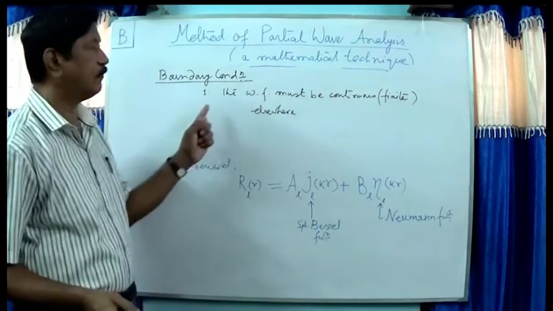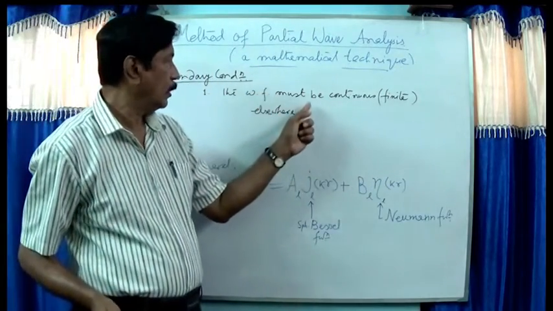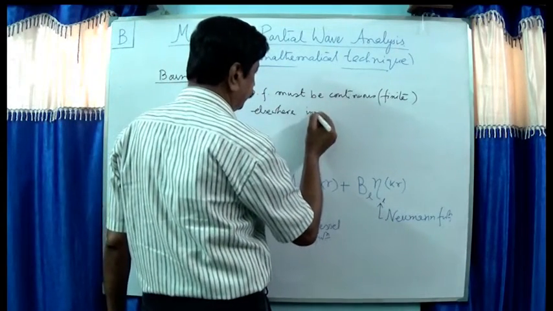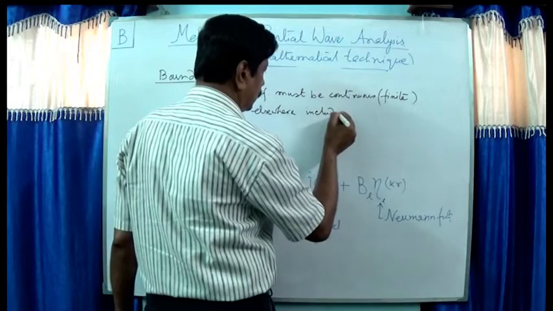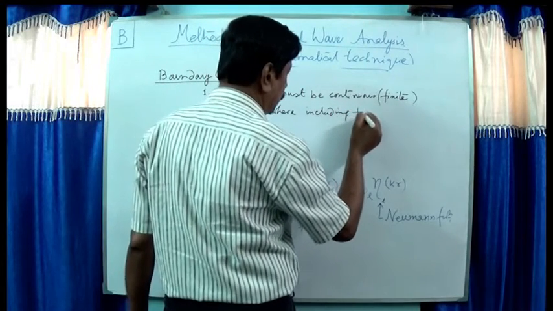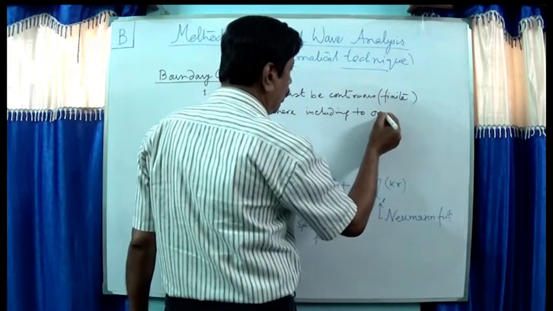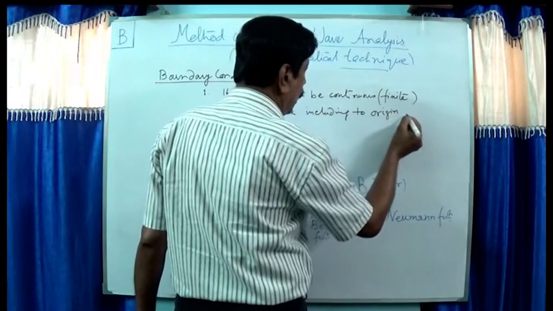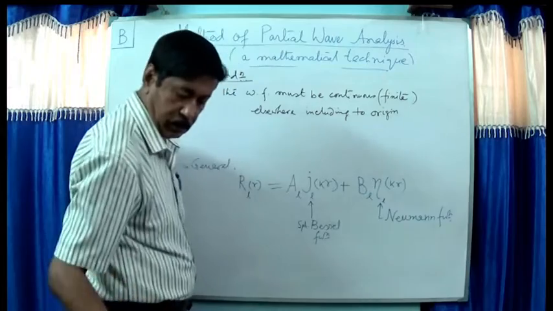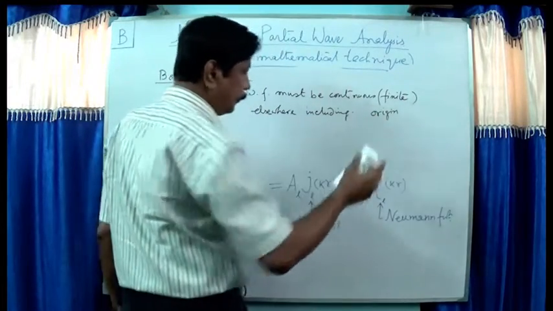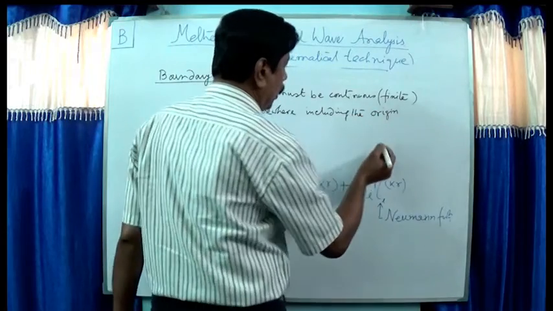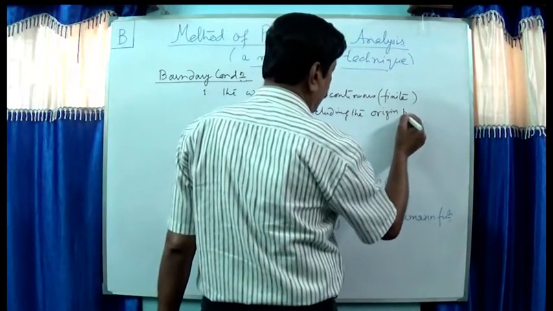A wave function must be finite elsewhere, including the origin, including the origin point.